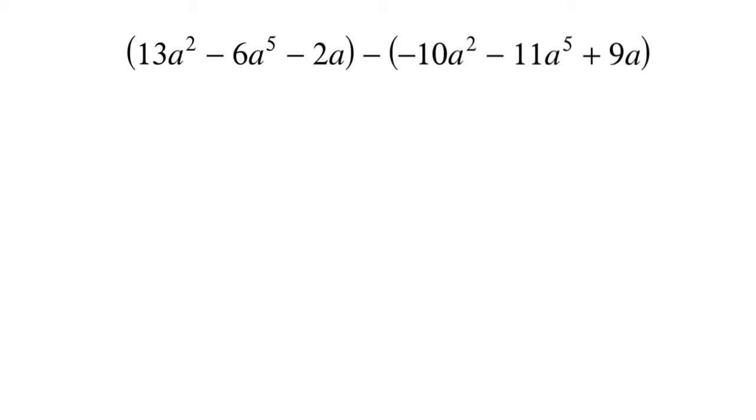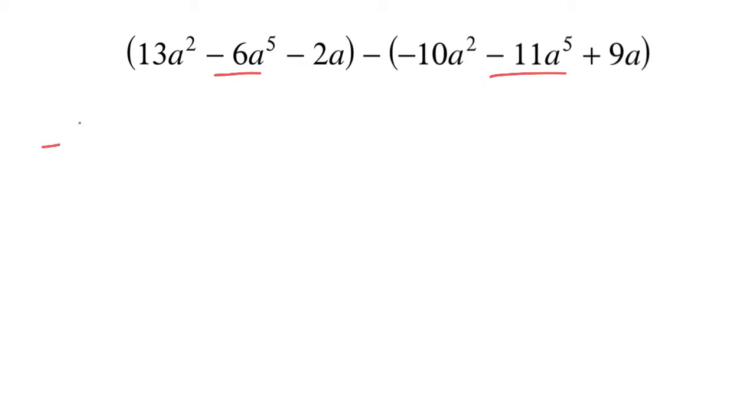Here is another example. I would like you to pause the video and try this one on your own using whichever method that you prefer. Okay. I'm going to work this one out and I am not going to distribute because I did that on the last one. So my largest exponent here is to the 5th.